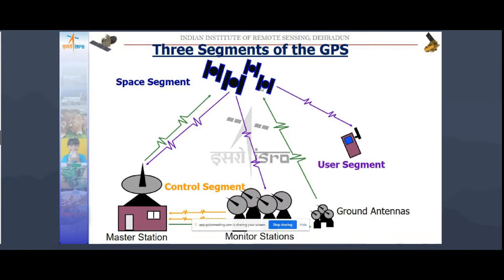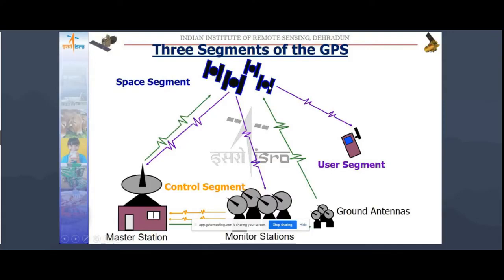And then finally we have the user segment. What does this user segment do? It receives the signal from the GPS satellite. In that signal, the satellite position information is there, meaning the satellite x, y, z or x dot, y dot, z dot.